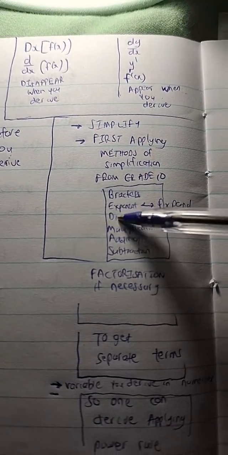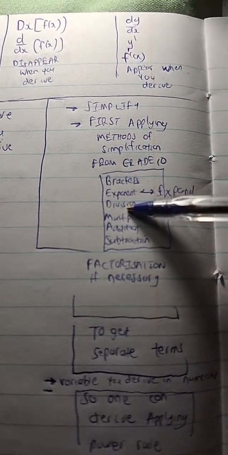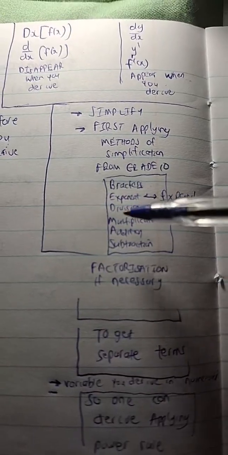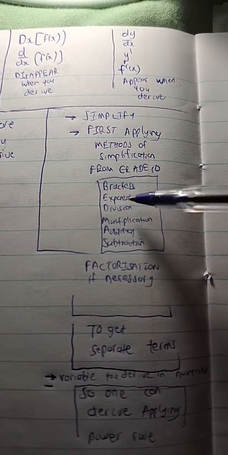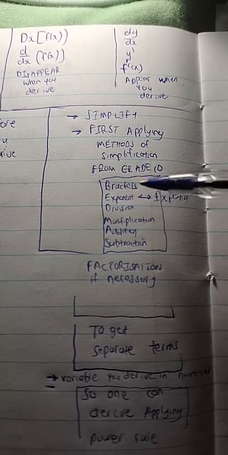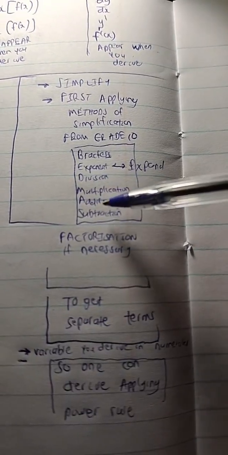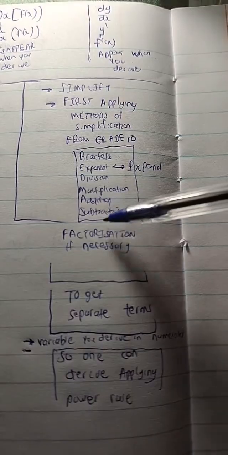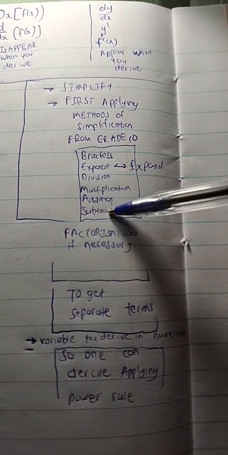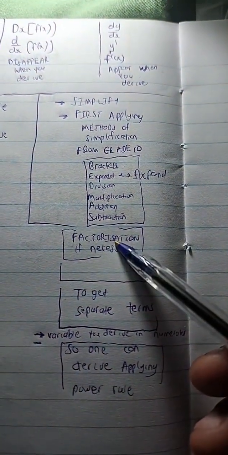Or sometimes we need to separate: if there are many terms in the numerator and a single term in the denominator, we separate the fraction so that simplification can happen. There are also exponential laws that can be applied with exponents. Multiplication, definitely, if there is any multiplication in that order, addition, if there's any addition, and subtraction, if there's any subtraction. And like I said, there are certain aspects of your simplification where factorization may be needed.